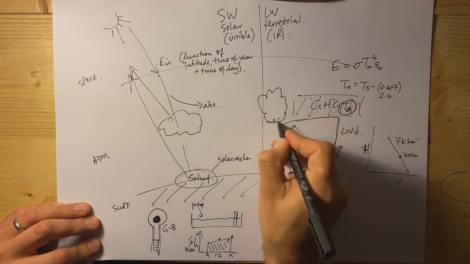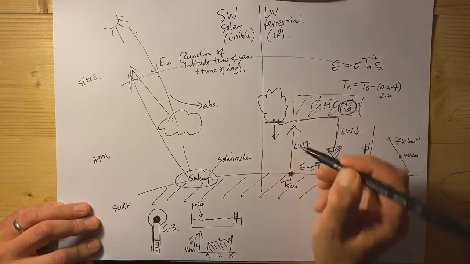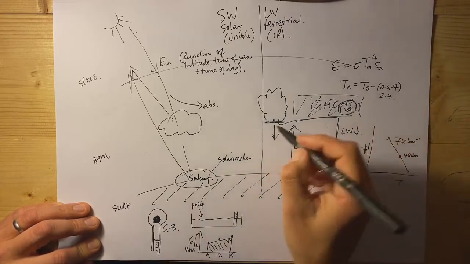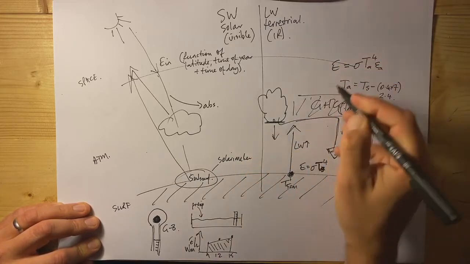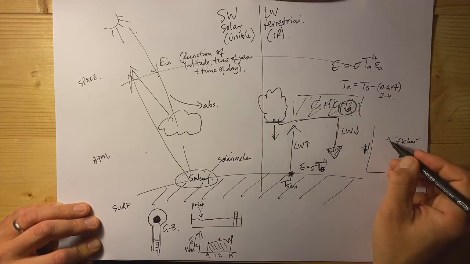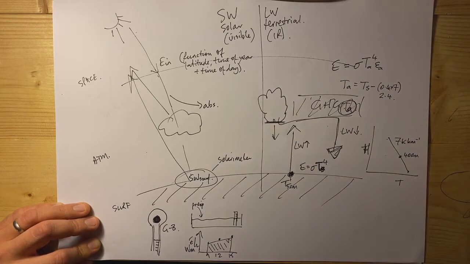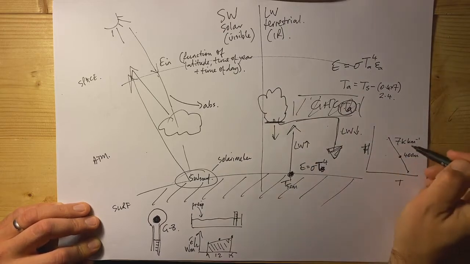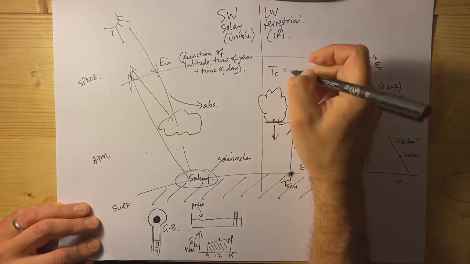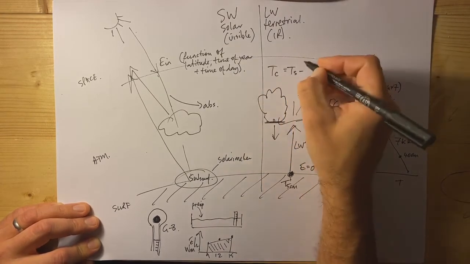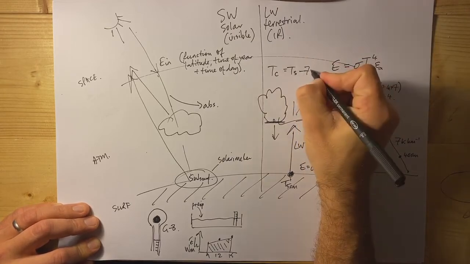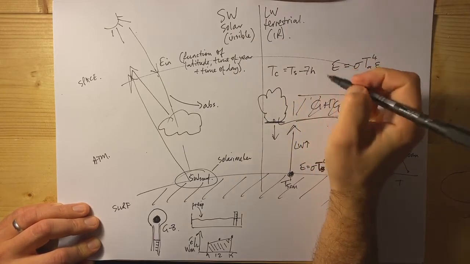We're also interested in the amount of energy coming down from clouds, which we add to this long wave downwelling energy, and we do this in a very similar way. We need to know the temperature of the clouds, so we estimate it by estimating the base height of the clouds, and we use the same adjustment. So the temperature of the clouds, Tc, is the temperature at the surface minus 7 times the cloud height in kilometers.